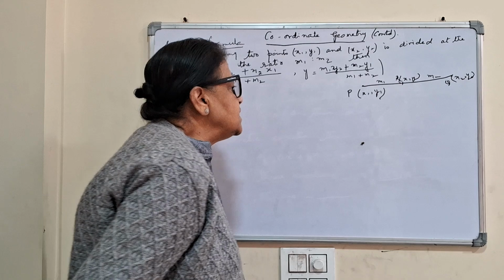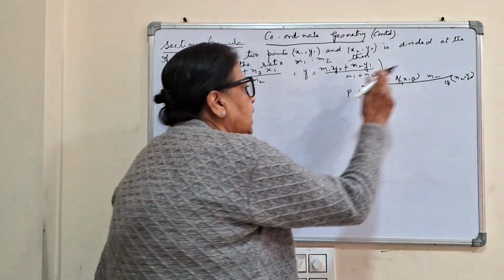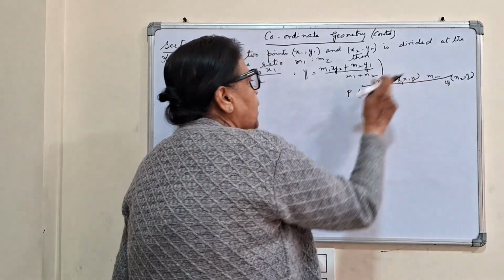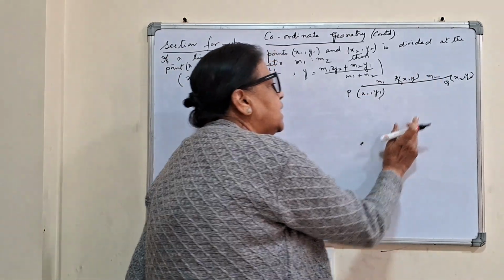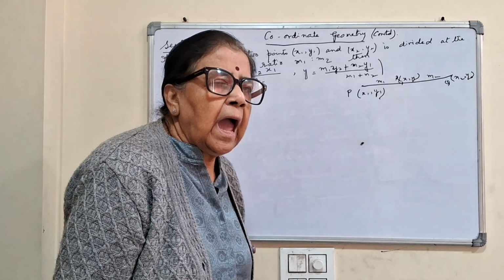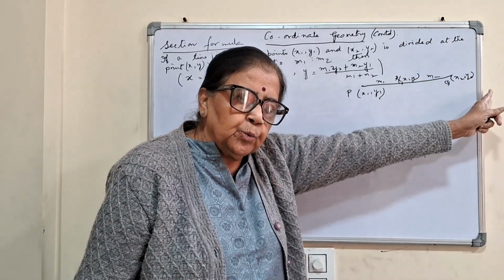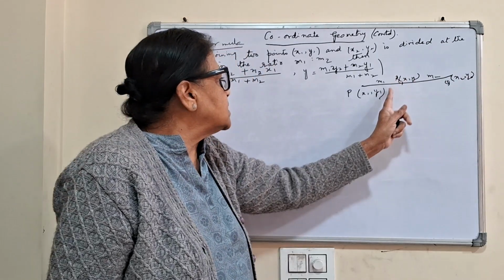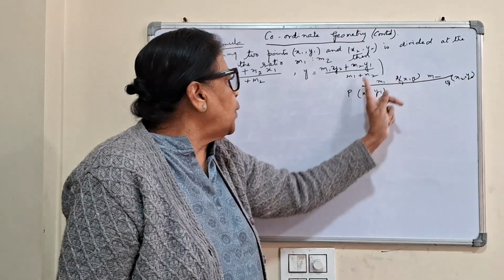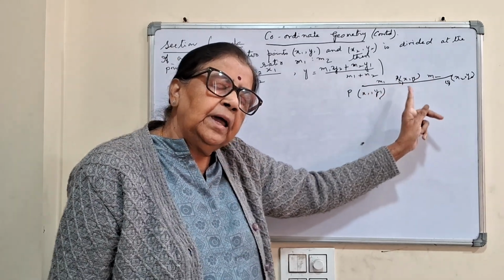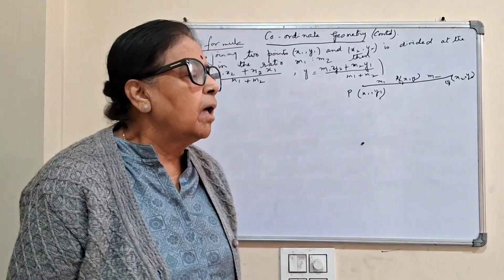With the help of this, x is equal to (m1 x2 plus m2 x1) divided by (m1 plus m2), and y is equal to (m1 y2 plus m2 y1) divided by m1 plus m2, sorry.